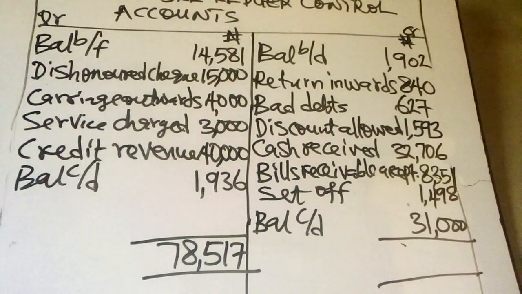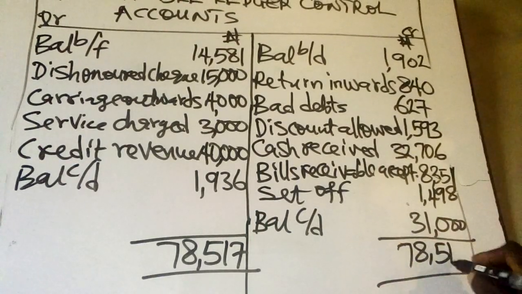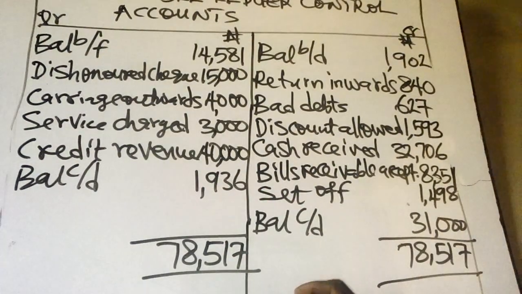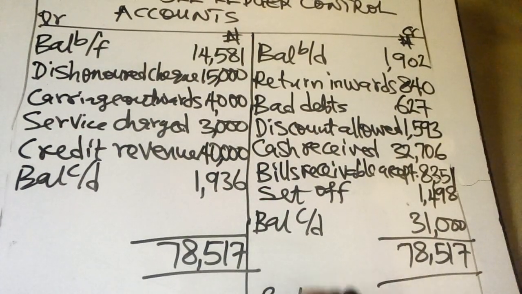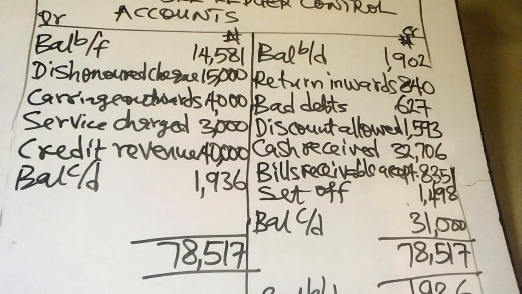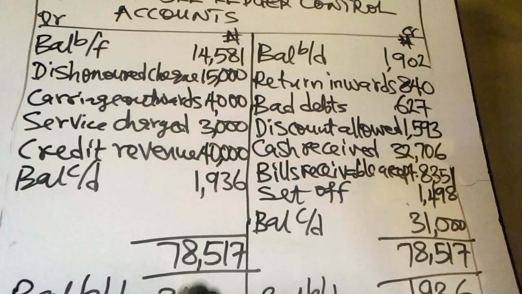The total is 78,517. The closing balance here will be brought down to the credit side. Balance brought down, which is 1,936. The closing balance here will also be brought down. Balance brought down, which is 31,000.